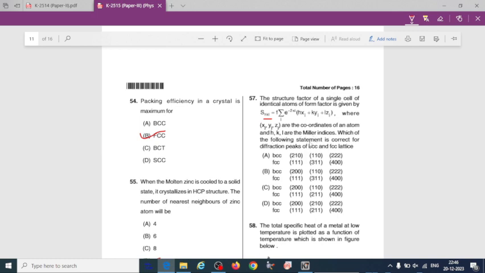Which of the following statements is correct for the diffraction peaks of BCC and FCC? If we take the diffraction peaks for body centered cubic and face centered cubic structures, then it will be option B.